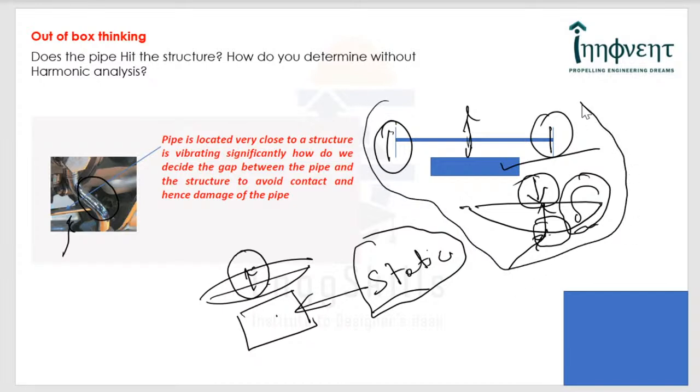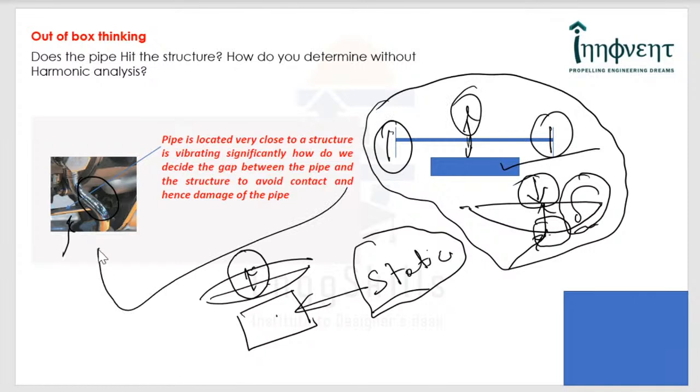You are simply talking about the deflection of the beam due to applied central force, rather than complicating the analysis with harmonic analysis. So therefore it becomes very, very, very important for us to look at all these issues.